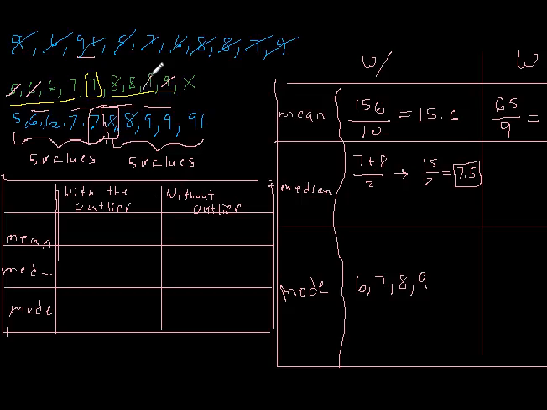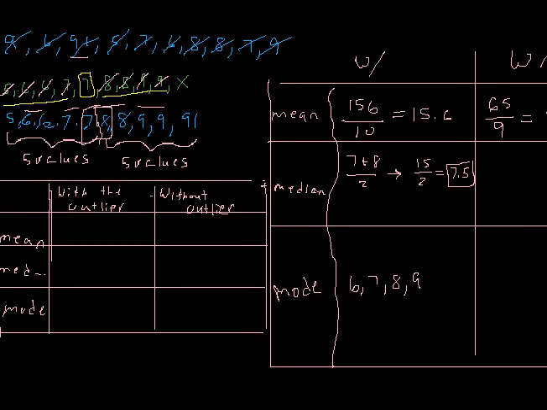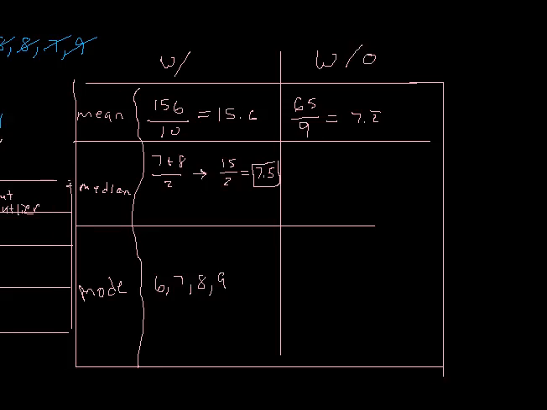So you go back and forth crossing out numbers until you reach a middle number. It's going to lead you down the same path and you're going to get the same answer. It just takes a little bit more time. But now you find out that your median is not 7.5, but 7.